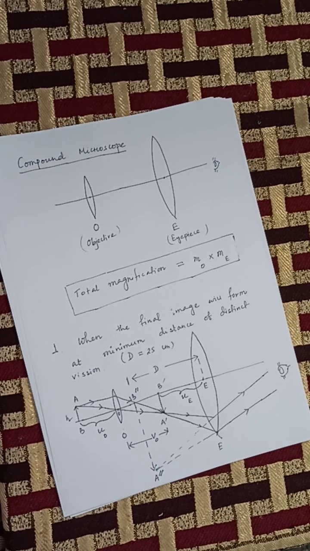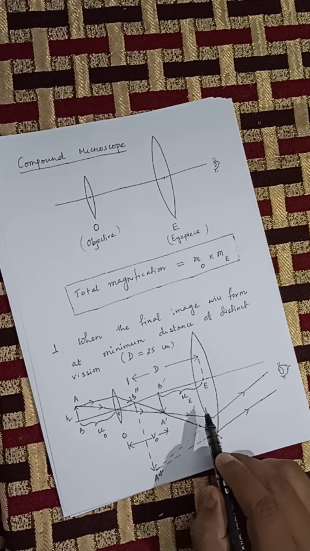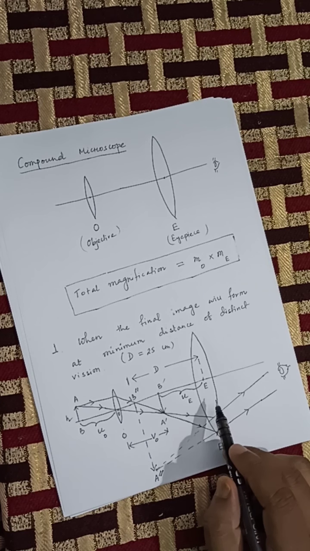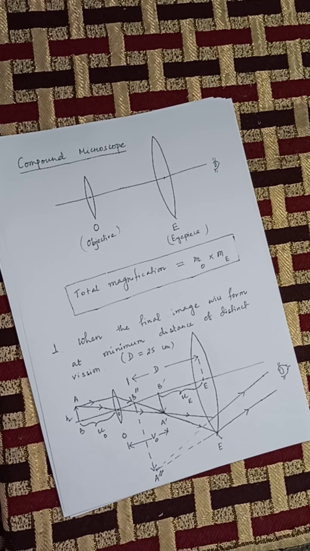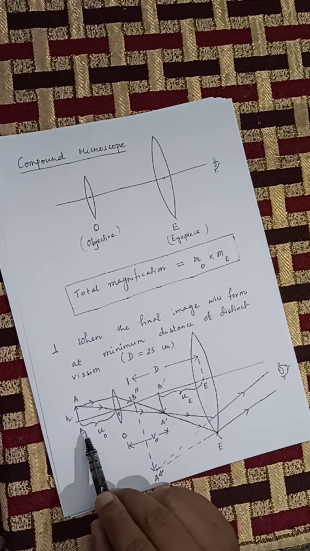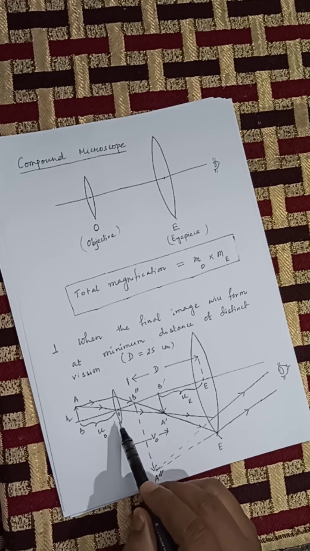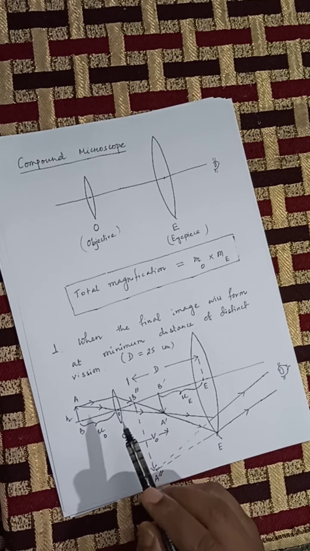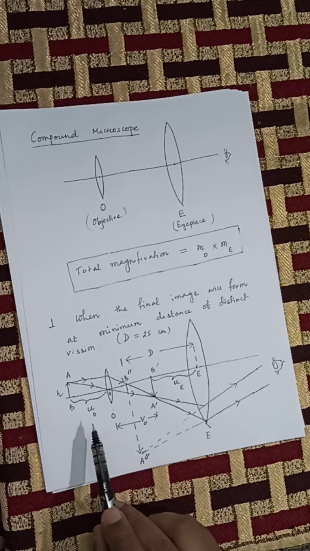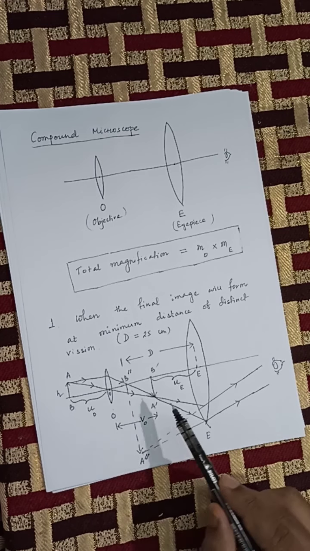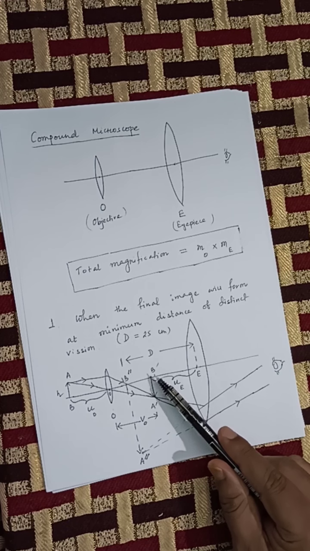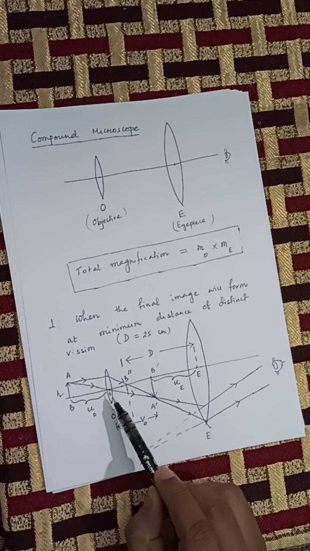If you have any doubt in this figure, then clear it first and have one more look. Here A B is the object, which is placed in front of the objective lens. Then for this object we are getting the image A dash B dash due to this objective lens.